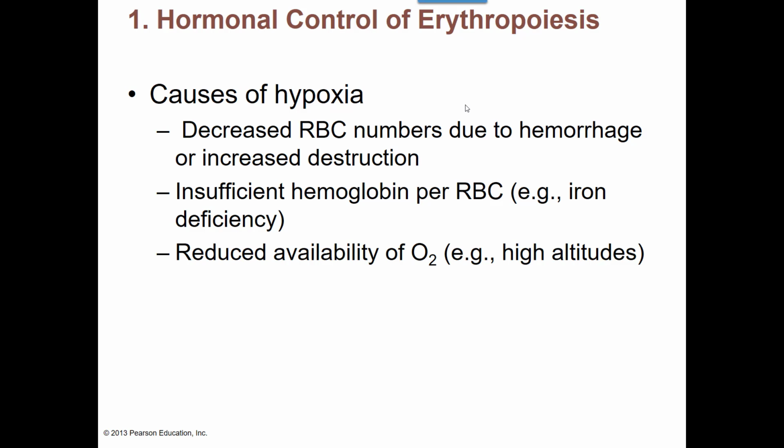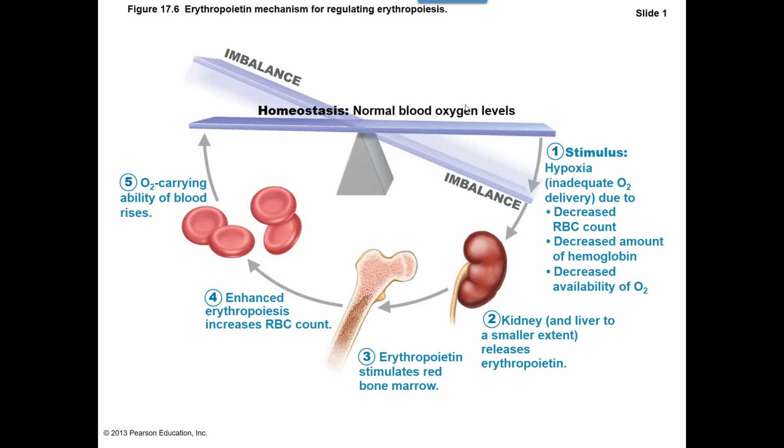Now, if you're going into hypoxia, it can trigger the making of erythropoietin, we hope, if everything works. So your stimulus is hypoxia, not enough oxygen where your body needs it. That low oxygen will trigger your kidney to release the hormone erythropoietin.